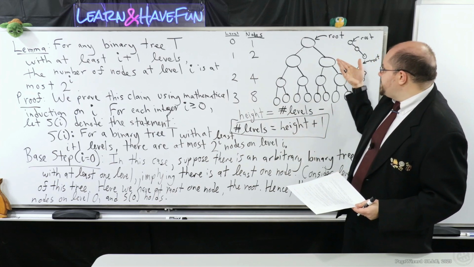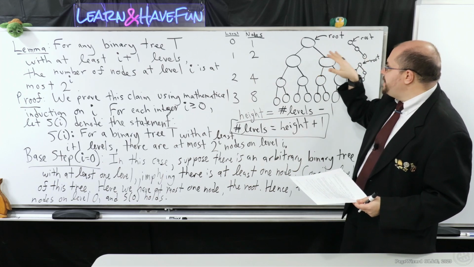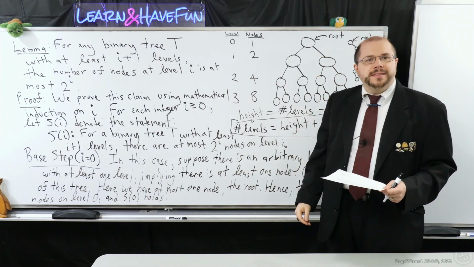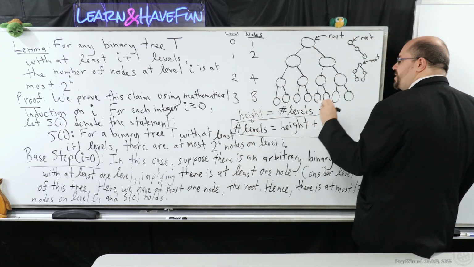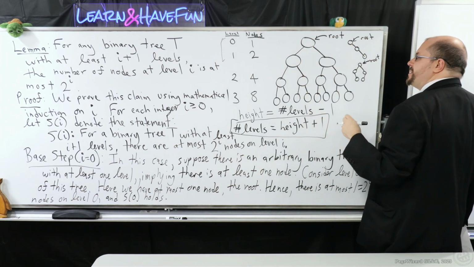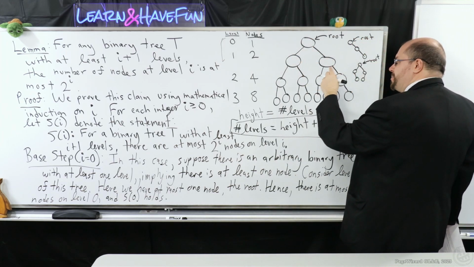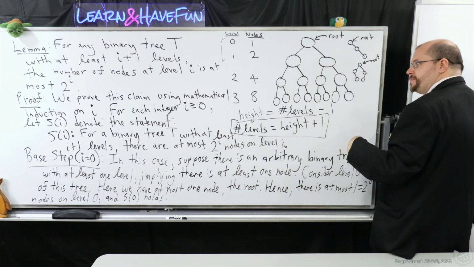Now, this tree here shows that maximal property, but why can we say it's at most 2 in that case? Think about it. If there are at least 2 levels, that means there exists at least 1 node on each level here, but there may be more nodes later on in the tree by higher levels, right?